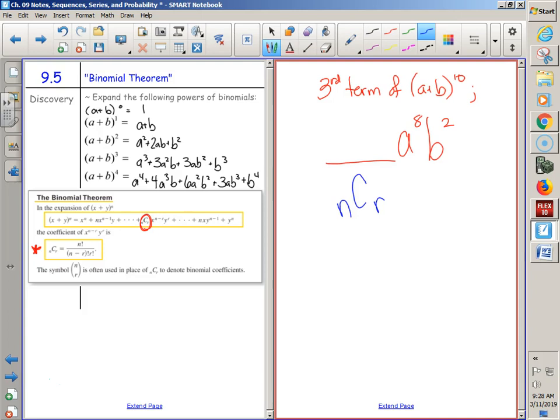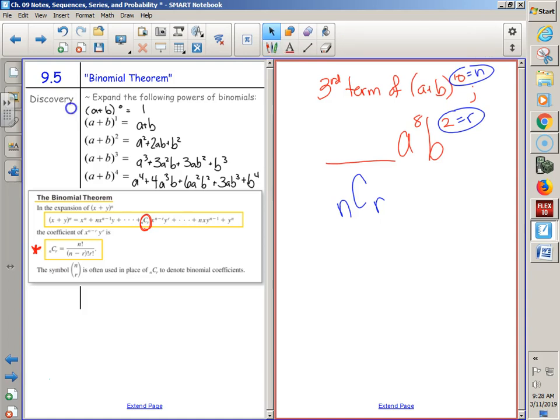Can you guys see what n is? Oh, hey, n is the power. So can't I say that n is just 10? Okay, and what's r? I see the r with the y guy, right? So with the y, that would be with the secondary dude, and the secondary dude is b, right?